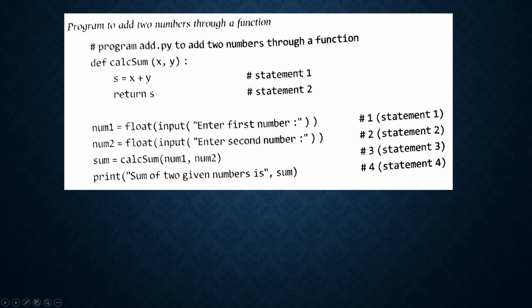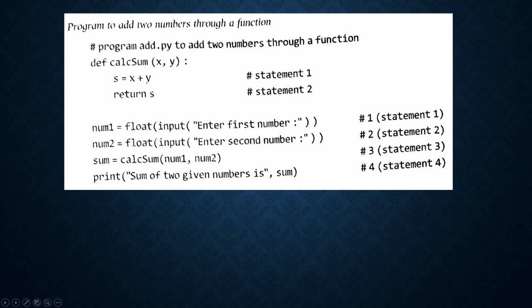First it reads the first number, for example 2, and the second number, 5. Then sum = calculate_sum(num1, num2). Control transfers from this point to the definition calculate_sum(x, y). x copies the value of num1 and y copies the value of num2, so 2 and 5 are copied to x and y, and s = 2 + 5 = 7.